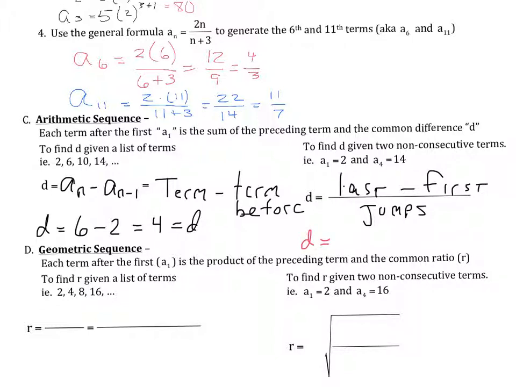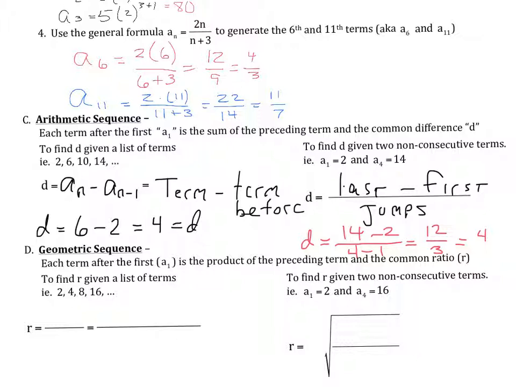So in this case, we would take 14 minus the 2. That's the values of each term, and we divide it by how many spaces between, which in this case would be the 4 minus 1, because it's a sub 4 minus a sub 1. So that would be 12 over 3, and that's how we can get the common difference to be 4.